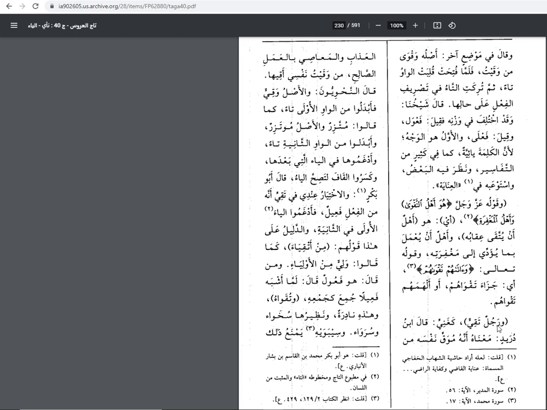Another form of taqwa is taqi, which is a صفة. ورجل تقي. What does it mean? رجل تقي كغني. It's in the same form as the word غني, تقي. قال ابن دريد, here he's referencing another author, معناه أنه موق نفسه من العذاب والمعاصي بالعمل الصالح.